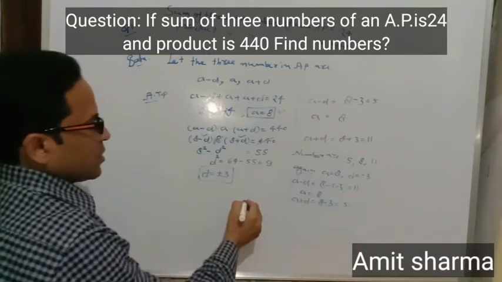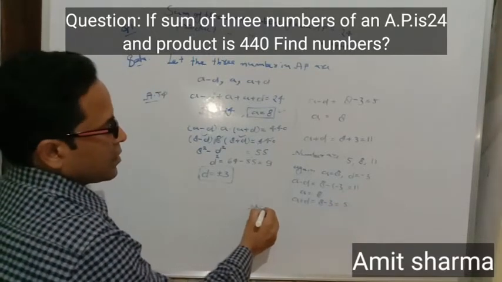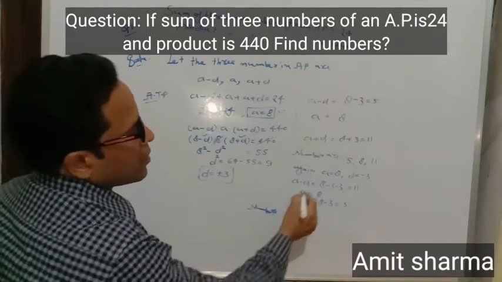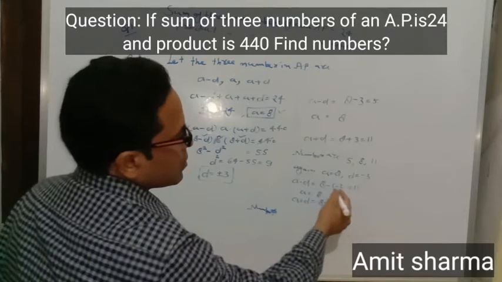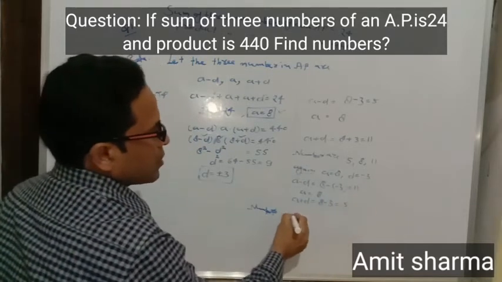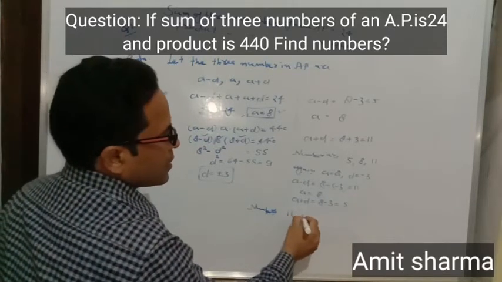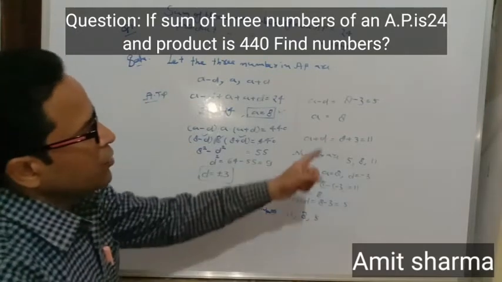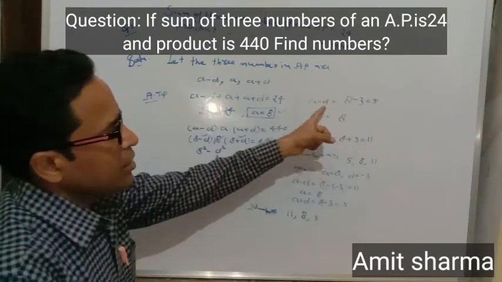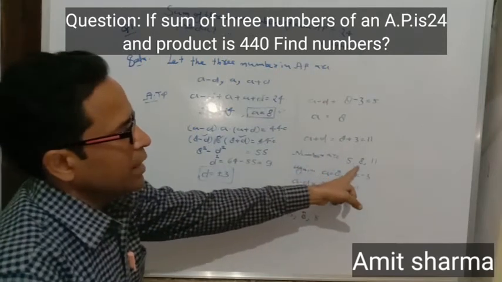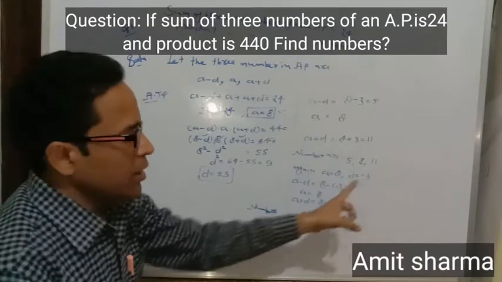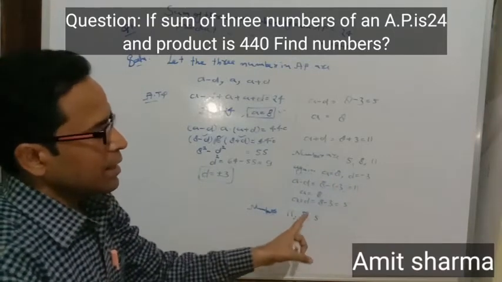In this case the first number is 11, second is 8, third is 5. If you put d as 3, you get the numbers 5, 8 and 11. If you put d as minus 3, you get 11, 8 and 5.